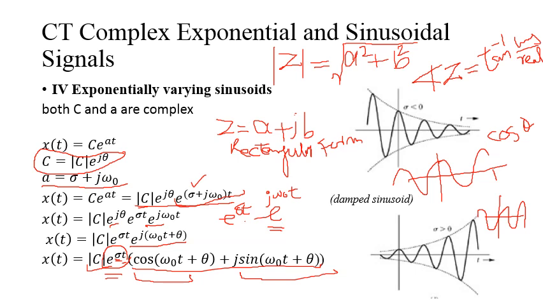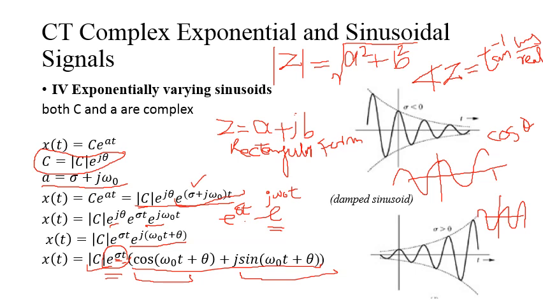Whereas if sigma is less than 0, that is negative, then this will result in exponentially decaying. So to plot the signal, we will multiply the exponentially decaying term times the cos for one graph, and the exponentially decaying term times the sine for another graph.